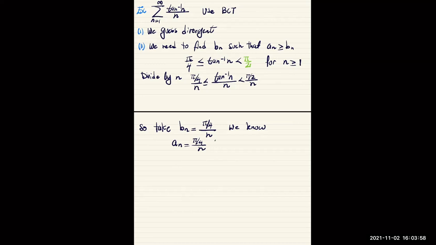Tangent inverse n over n is greater than or equal to pi over 4 over n.